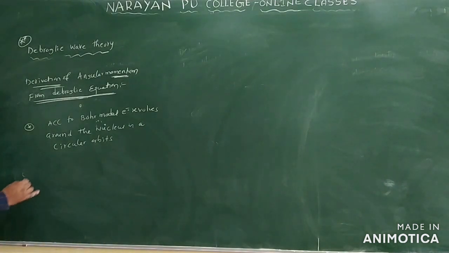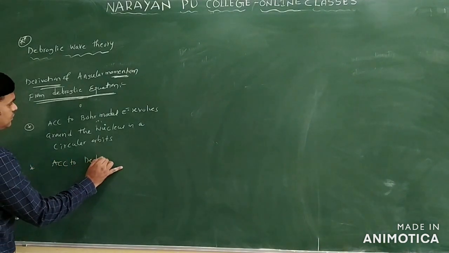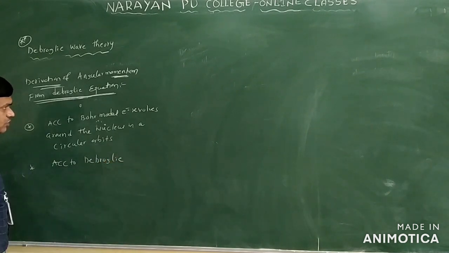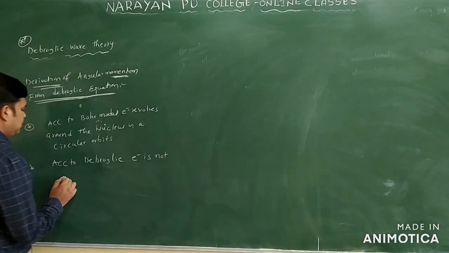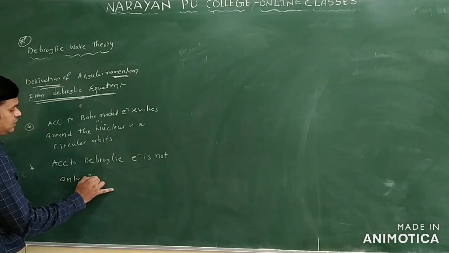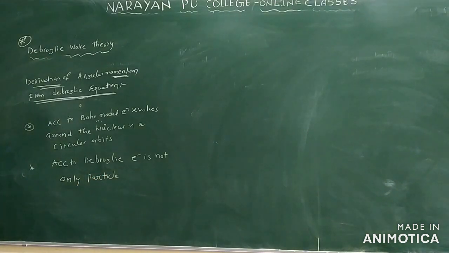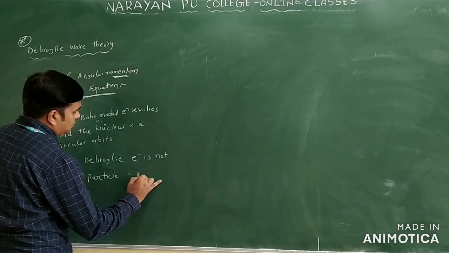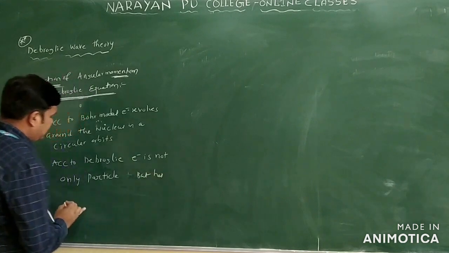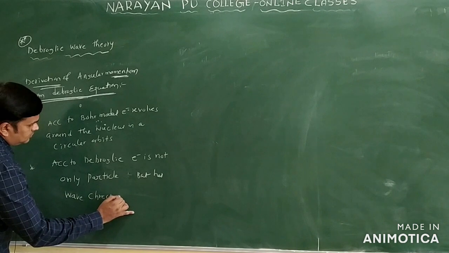According to de Broglie, the electron is not only a particle but has wave character also.